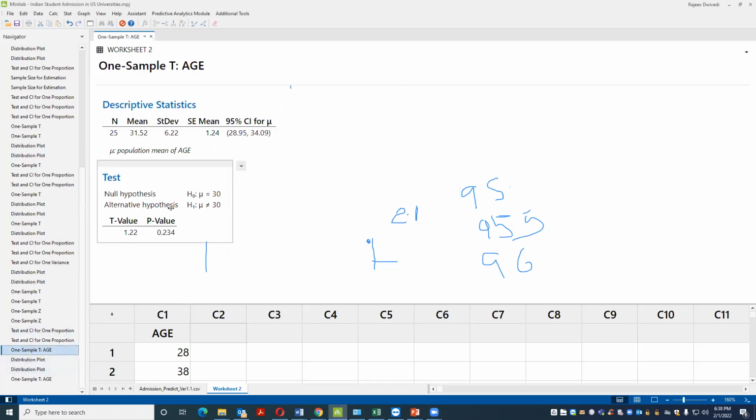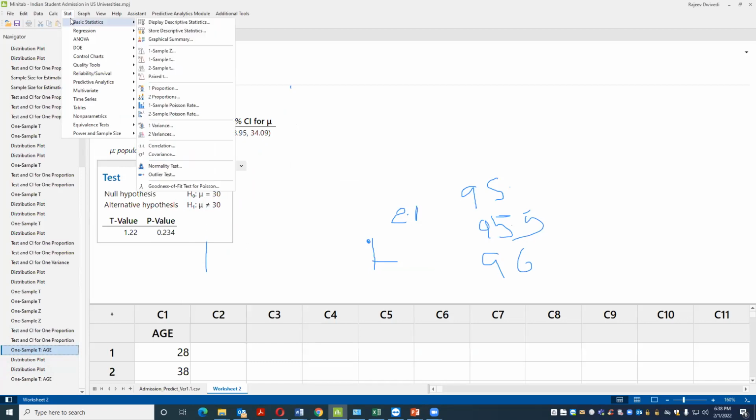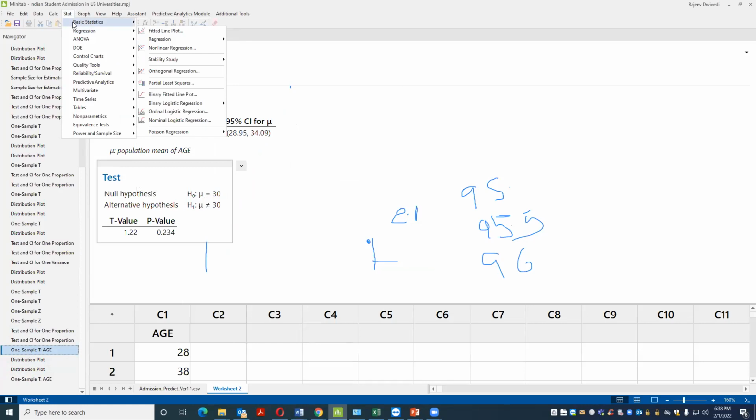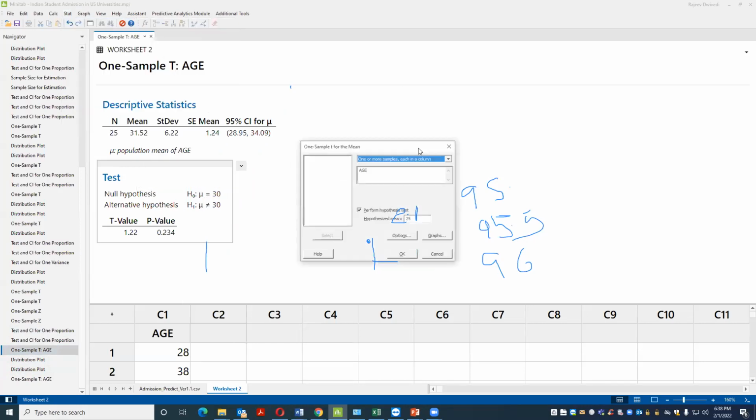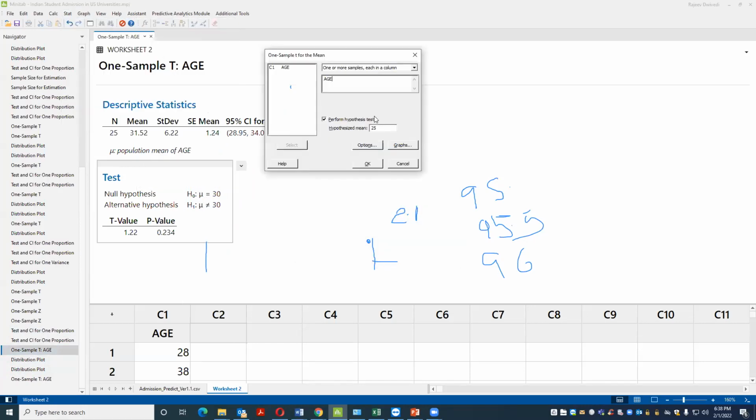Similarly, the mean value which you are selecting, 30 or 31. So let's say this mean is coming 31.5. Let me do the same statistics with 32 or 31 point something. So let's say I'm just going to put here 31.5.